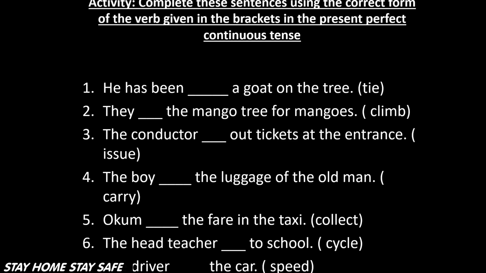So after you write those sentences, you are going to construct for me. Complete these sentences on the projector here. Complete them using the word given in brackets. Remember, we are in the present perfect continuous tense. Meaning that you're going to use has been, have been, then you add ing on the verb.